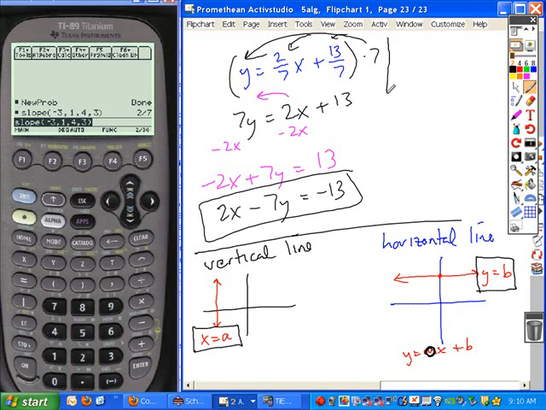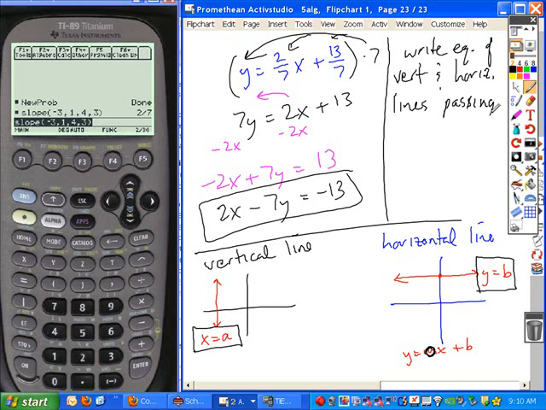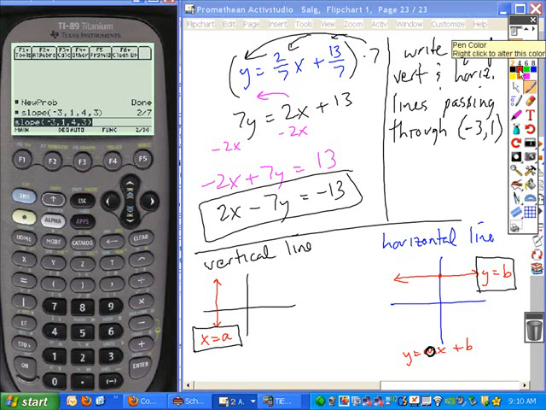So very simply, if they ask you to write the equation of the vertical and horizontal lines passing through a given point, what is the vertical line that passes through this point, negative 3, 1?